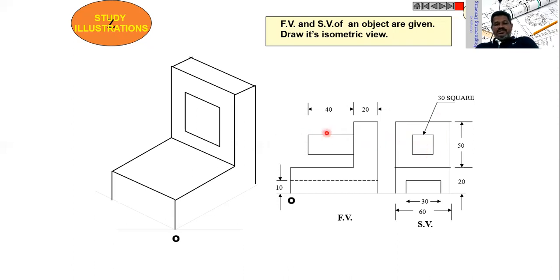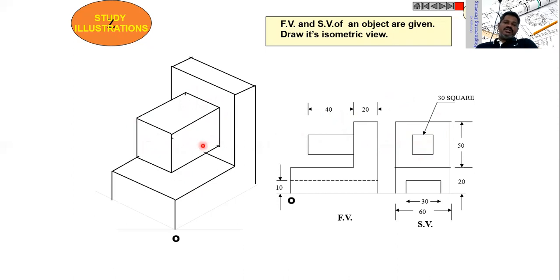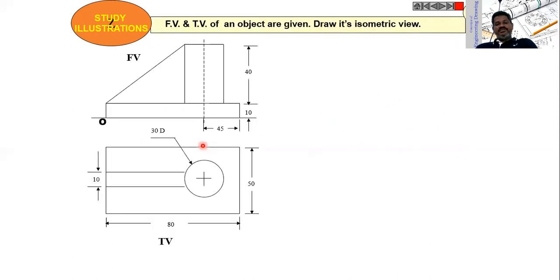So now after drawing 30, 30, 30, then draw the lines, one each parallel to these lines, for a length of 40, as you can see here. Then fit a rhombus here, it looks like this. Then erase all the lines which are not visible in isometric view, then complete the figure like this.